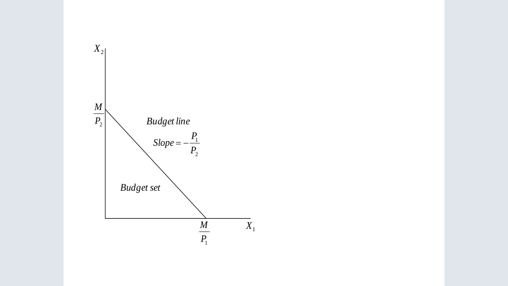That line is the budget line, and the slope of that budget line is negative P1 over P2. Now, the area below the line is what we refer to as the budget set. So the budget set contains the different combinations of X1 and X2 that the consumer can enjoy or consume.